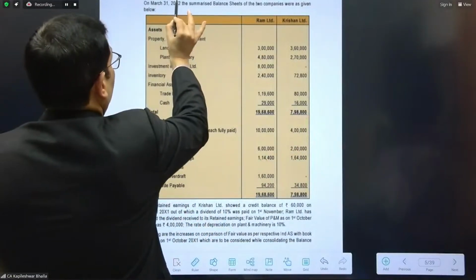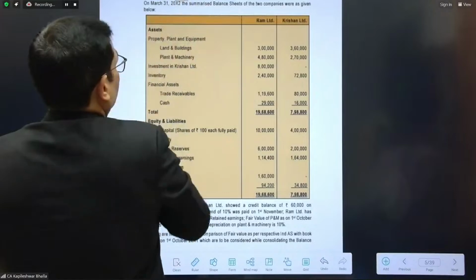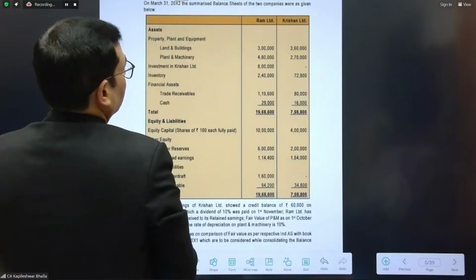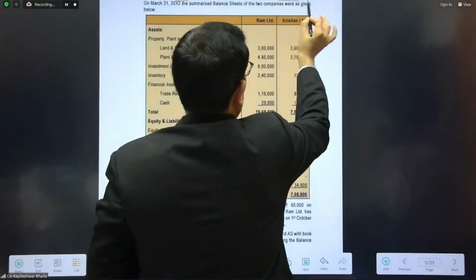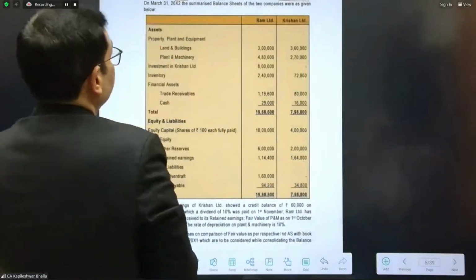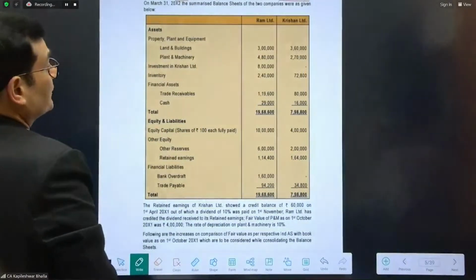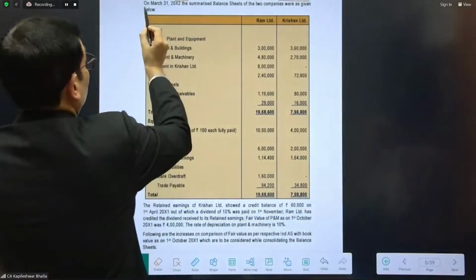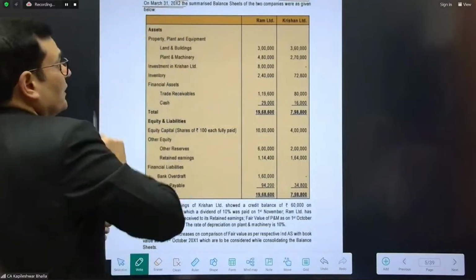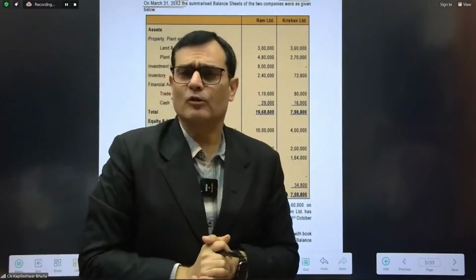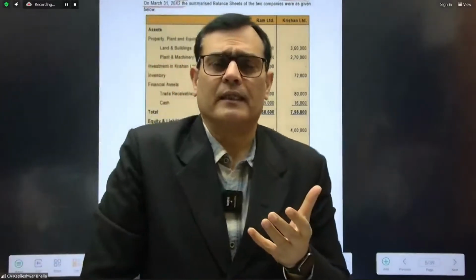It says Ram acquired 60% ordinary shares of Krishan Limited on 1st October X1. 60% means NCI. And the acquisition date is 1st October X1, and we're given the balance sheet on 31st March X2. Undoubtedly things would be very clear.